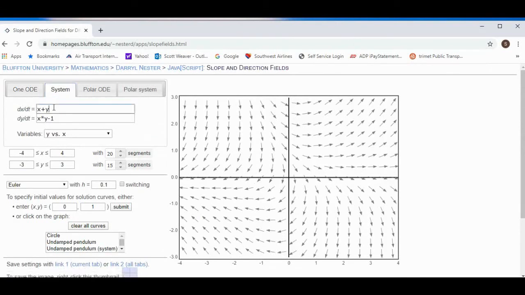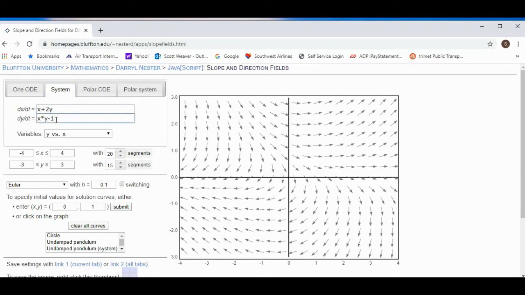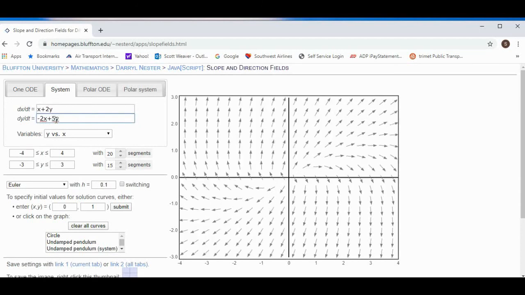X and Y will be playing the roles of x1 and x2, so that system is x plus 2y, and then negative 2x plus 5y.